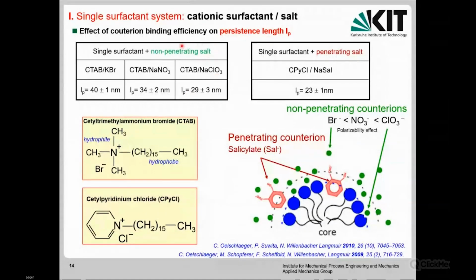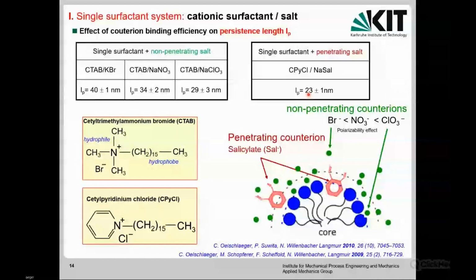If we compare with a penetrating salt, for instance, sodium salicylate, the salicylate ions, as shown here in red color, can penetrate into the interior of the micelles, and this affects again the flexibility. We found LP values around 23 nanometers, so the system becomes even more flexible.